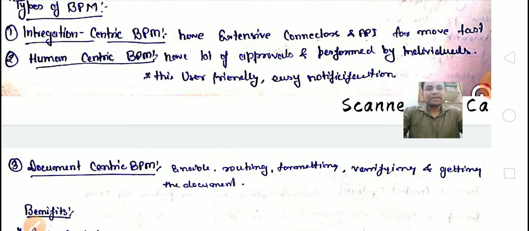Okay, next one is human centric BPM, which means it has a lot of approvals performed by individuals, and is user friendly with easy notifications.